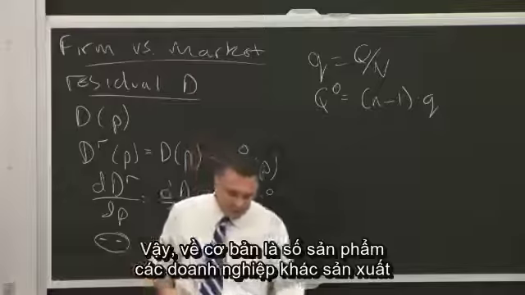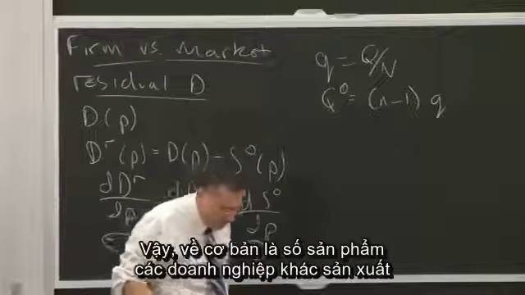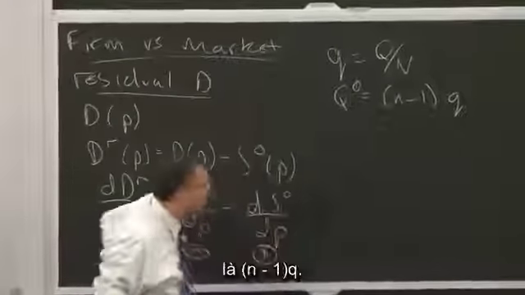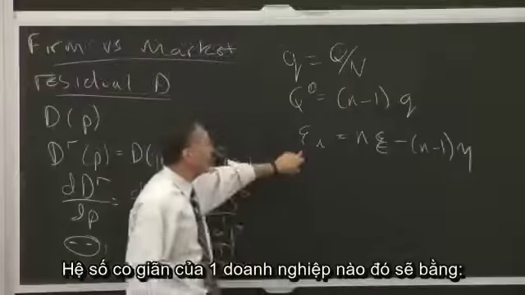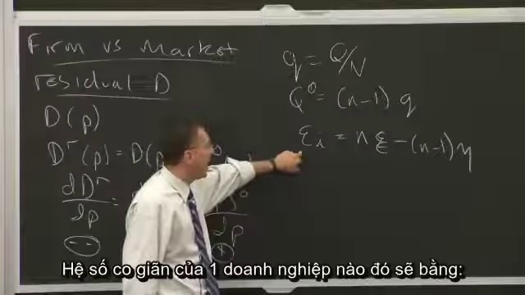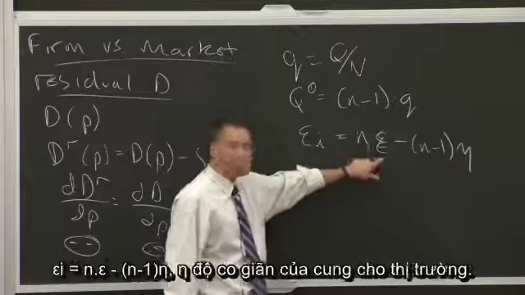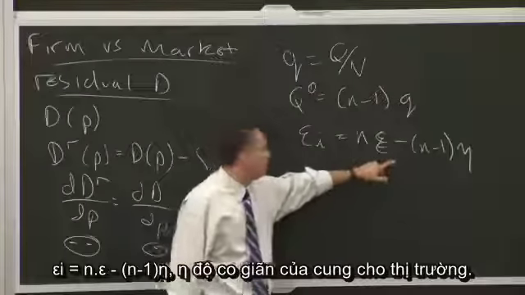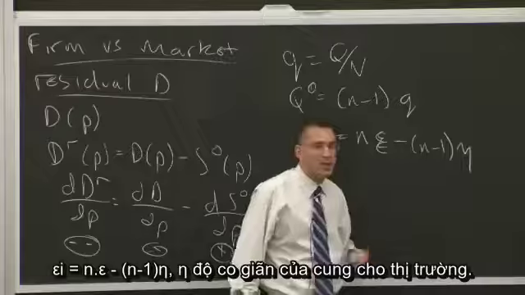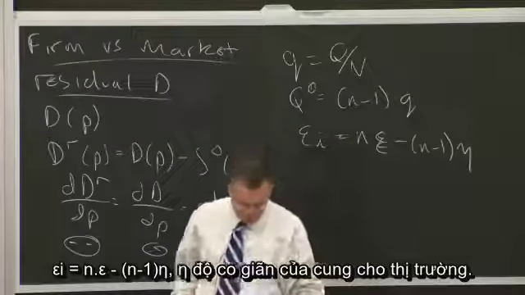So the elasticity of demand facing a given firm, epsilon sub i, is n times the elasticity of demand for the entire market minus n minus 1 times the elasticity of supply for the market.